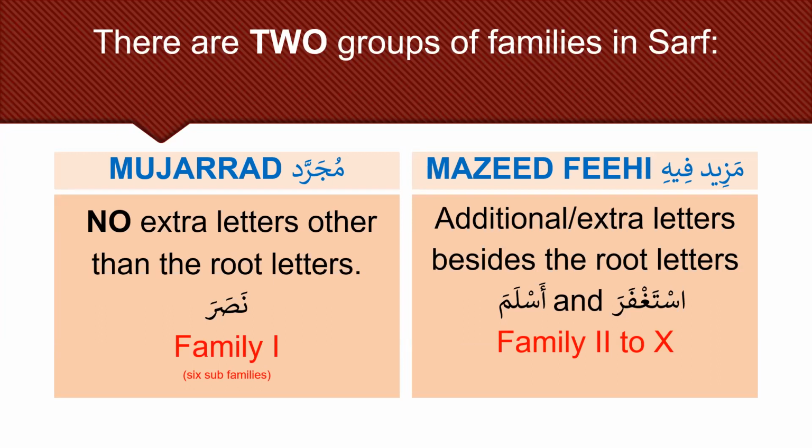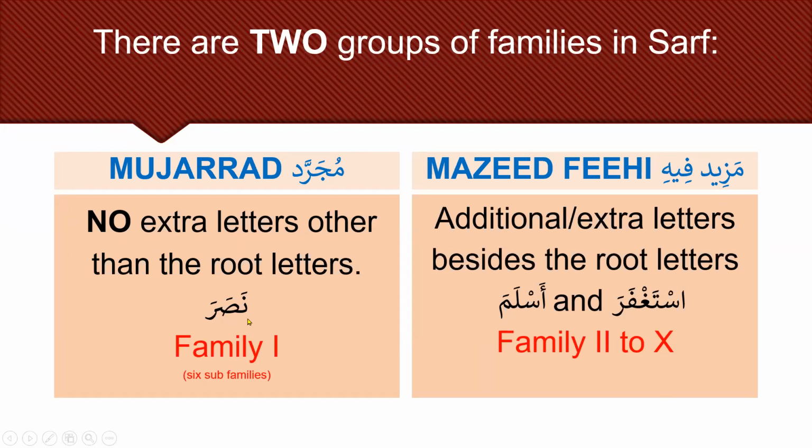You can see the example, and we have Alhamdulillah done this example, and this is family one. Family one has six subfamilies, and we are going to learn them later, and first we will deal with these families. So family one is a Mujarrad family. Mujarrad means no extra letters other than the root letters.